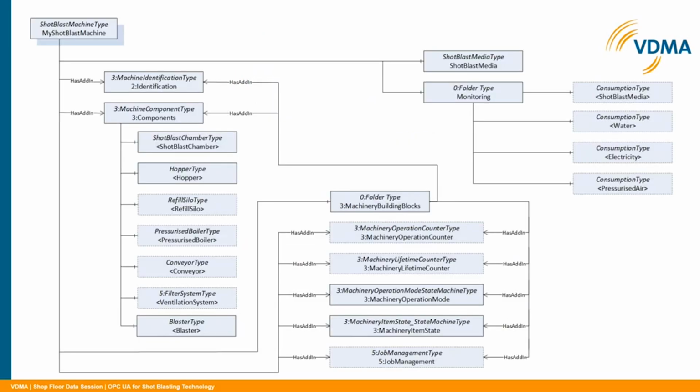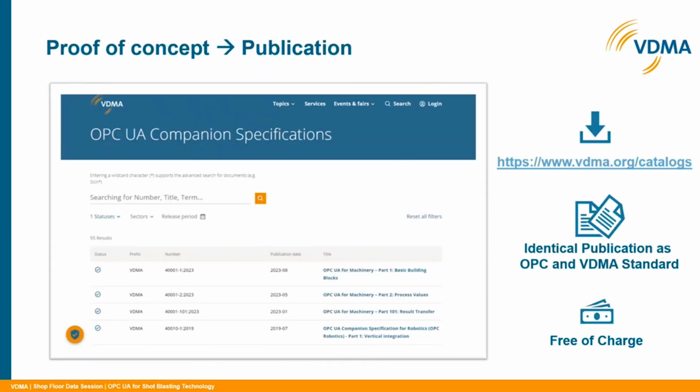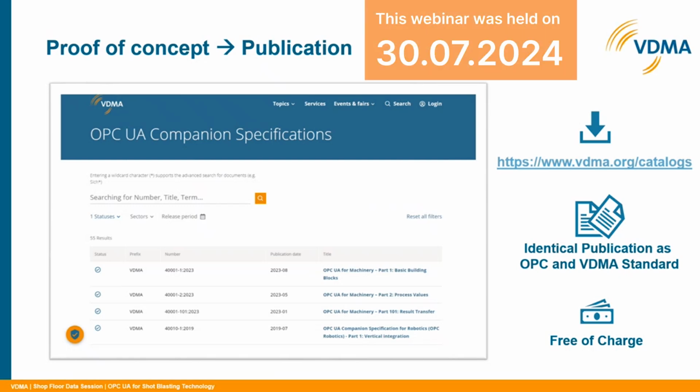And by that, I'm done with the content of this component specification. So here you see again an overview of the shot blast machine type, which in our case is the entry point to the information model. As Martin already told you in the beginning of the presentation, we are actually done with the content work.